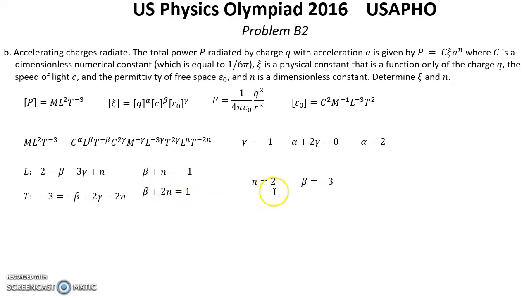It means that n equals 2 and beta equals negative 3. Finally, we have this result: xi equals q squared over epsilon 0 c cubed, and n equals 2. And power will be this expression. So that's the answer for part B.